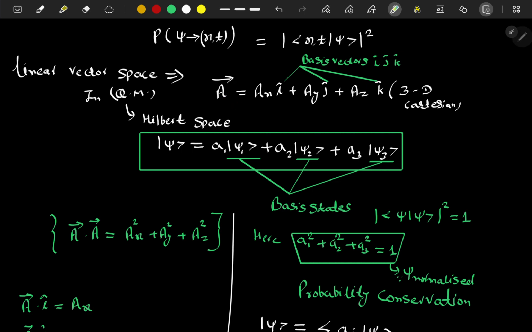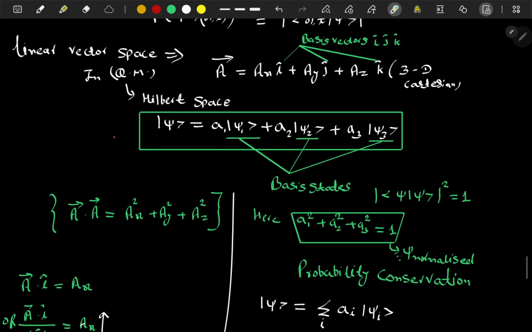Now we will try to establish an analogy between our 3D Cartesian coordinate system and Hilbert space. Okay, so in the 3D Cartesian coordinate system, we write a vector as ax i cap, ay j cap, and az k cap, and here i, j, and k are termed basis vectors. Similarly, in quantum mechanics we use Hilbert space, and in Hilbert space the wave function can be written as a1 psi 1, a2 psi 2, and a3 psi 3, and here psi 1, psi 2, and psi 3 are termed basis states.